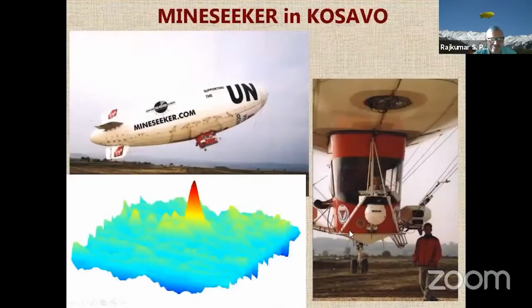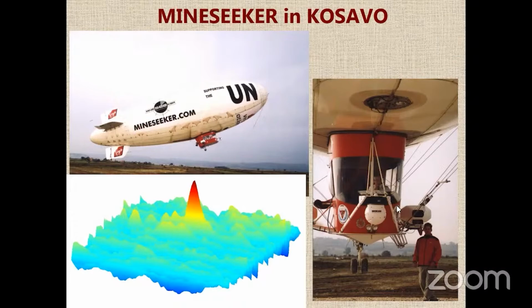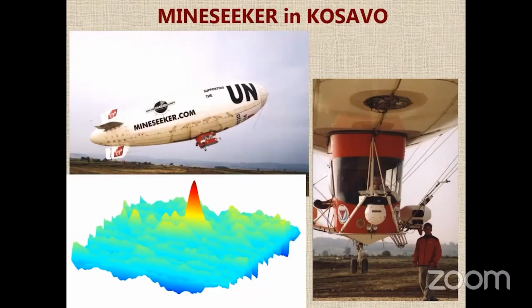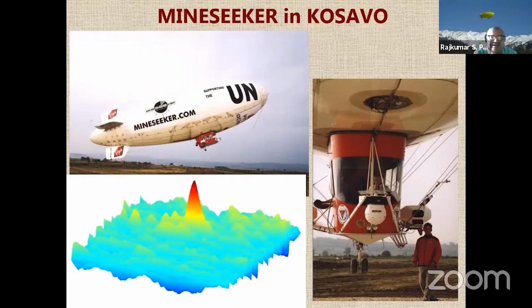Okay, so could you understand? You can scan the ground and then you can identify mines. Any questions? What distance does it scan, from ground to airship? So it flies very low.